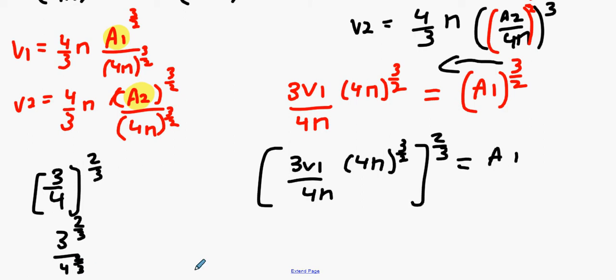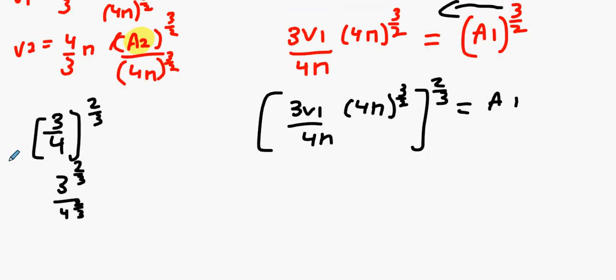The 2/3 acts on every individual part. Can anybody therefore predict what the 2/3 did to this? I'm going to break it up into each individual part: 3 to the power 2/3, phi1 to the power 2/3, 4 pi to the power 2/3.